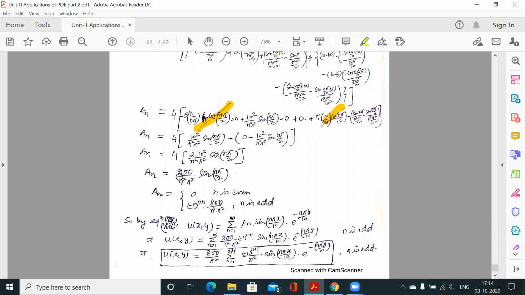After simplifying, what we get is this: when n is even, this will be 0, and when n is odd, this will come out as this. So the solution is u(x, y) equal to a_n times sine times e to the power something, where this is the a_n value. So this is our solution.